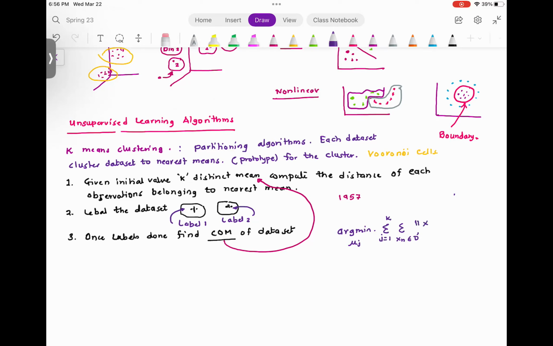What we are trying to find iteratively is the difference between the data point and the mean of the cluster, taking the square root, which is nothing but the L2 norm. This L2 norm is being minimized. And again, mu denotes the mean of the jth cluster and the subset where we are trying to classify the cluster.